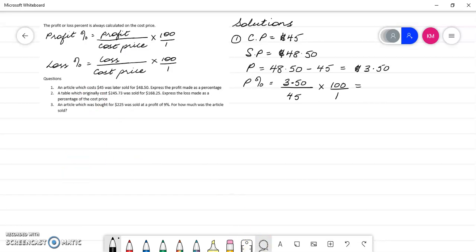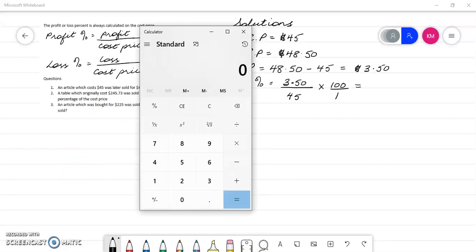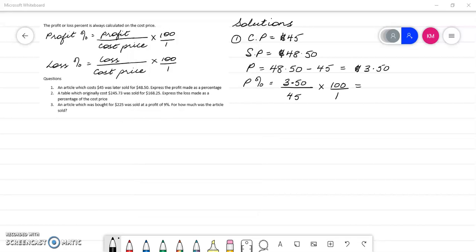So let me pull up my calculator. $3.50 divided by 45 and then multiply that by 100. I'm going to get, so my answer there is 7.78, and that is percent.